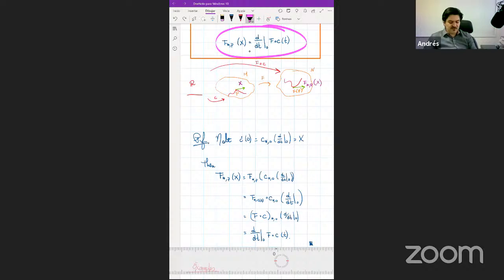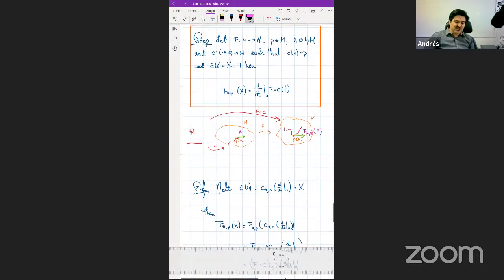So we don't care which one we use. So this is another way of computing the differential via smooth curves. So a geometric way of doing this.